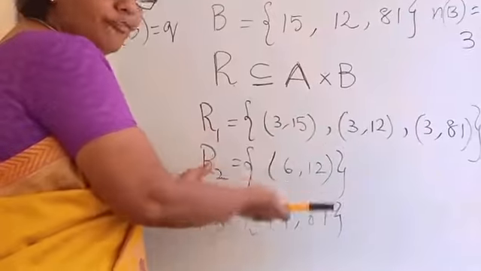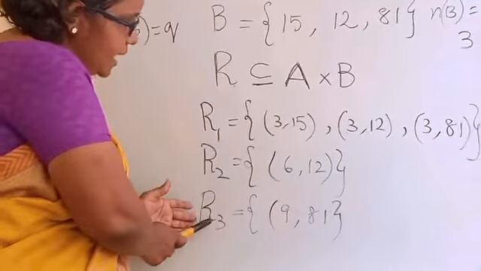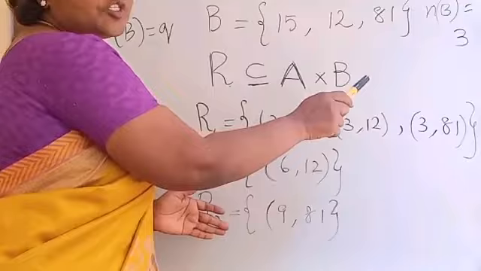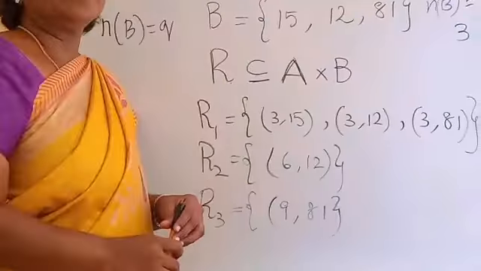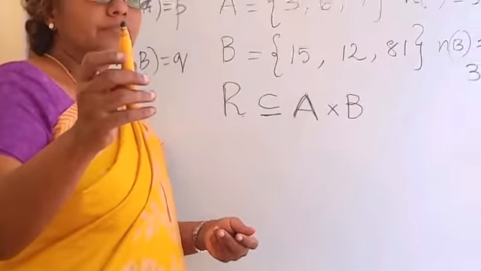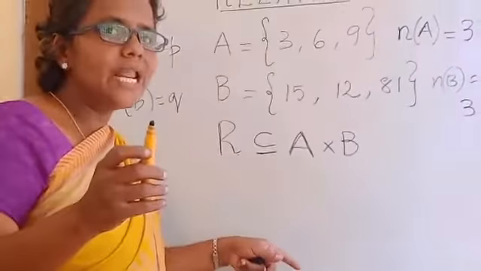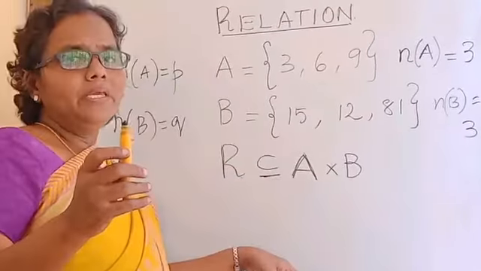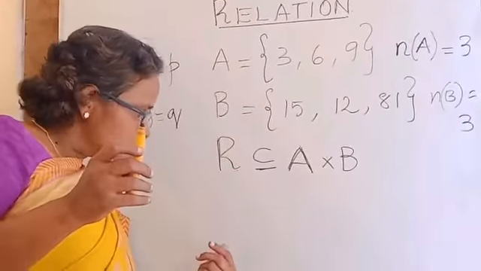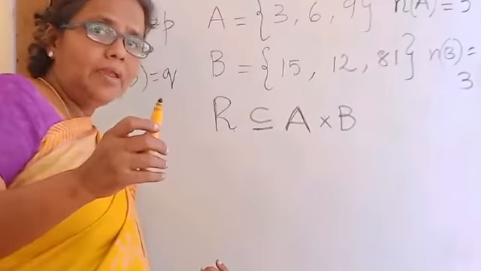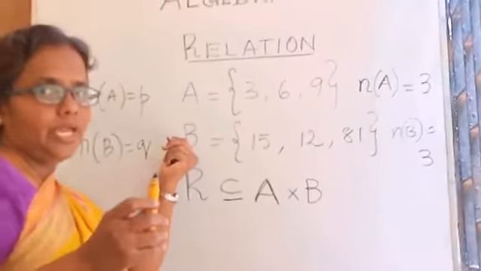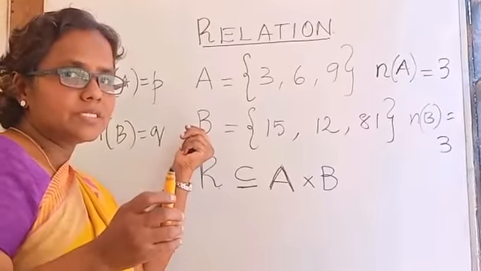And therefore, these relations are a subset of A cross B. So I hope you are clear with that. Now I am going to generalize it. What am I going to generalize? How many such relations can I frame with these 2 sets? That is what I am going to generalize.